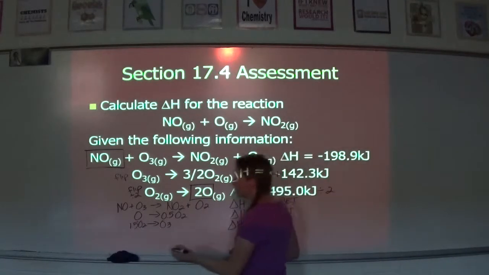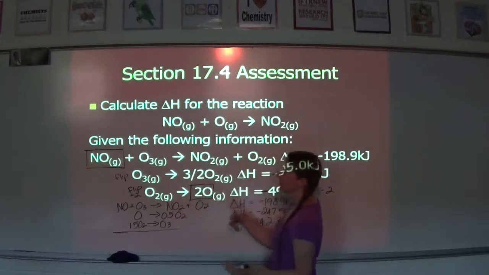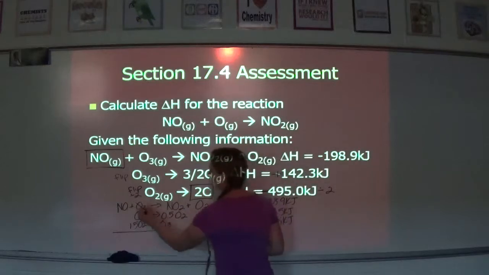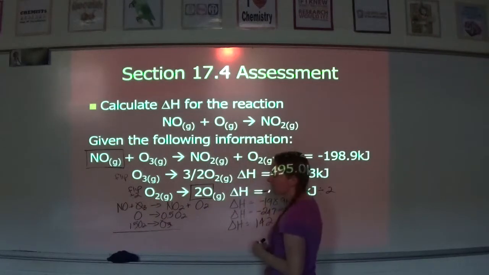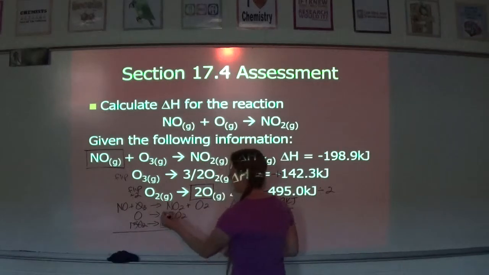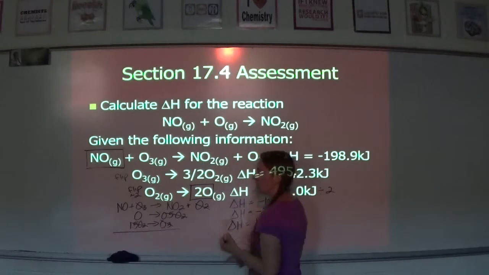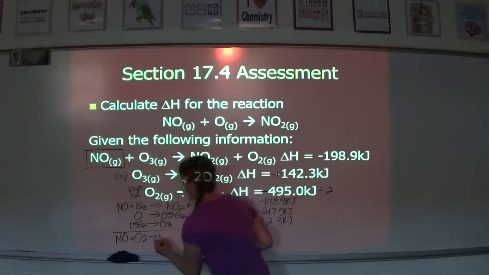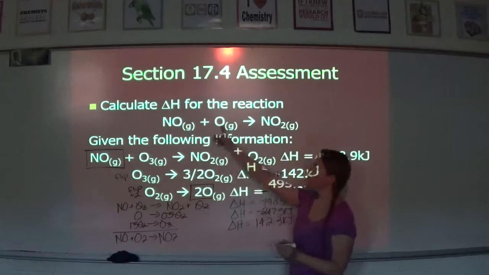All we use the second reaction for is to cancel that O3 that we don't want anymore. So the O3 is going to cancel. Let's look at that O2. Here we have 0.5 and 1, which is 1.5, and we have 1.5, so that's going to cancel. Then we write what we have left: NO plus O yields NO2. Is that the reaction we want?